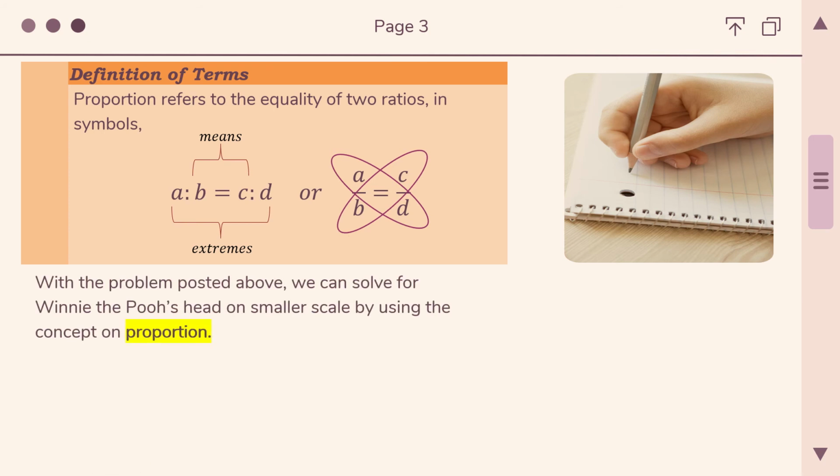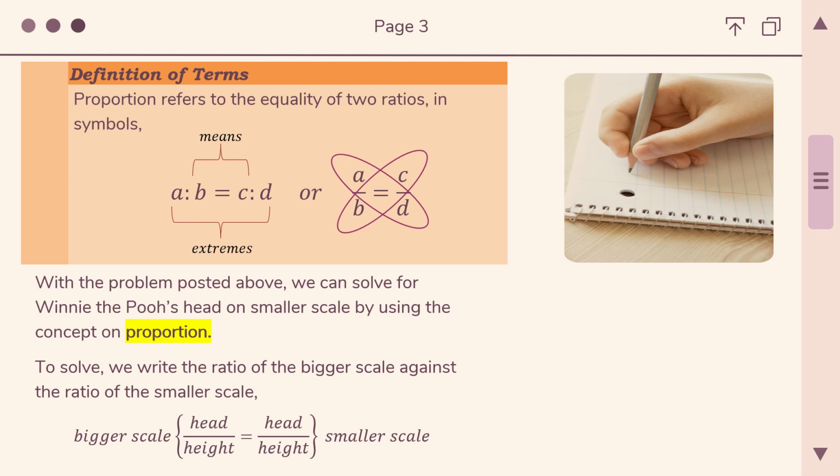So with the problem posted a while ago on the previous slide, we can solve for Winnie the Pooh's head on the smaller scale by using the concept of proportion. To solve, we write the ratio of the bigger scale against the ratio of the smaller scale. You saw in the picture earlier, the big picture and the small picture of Winnie the Pooh.